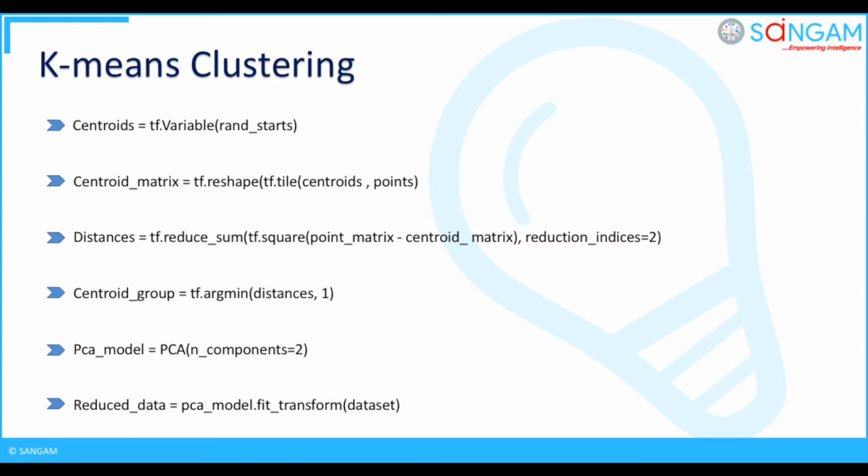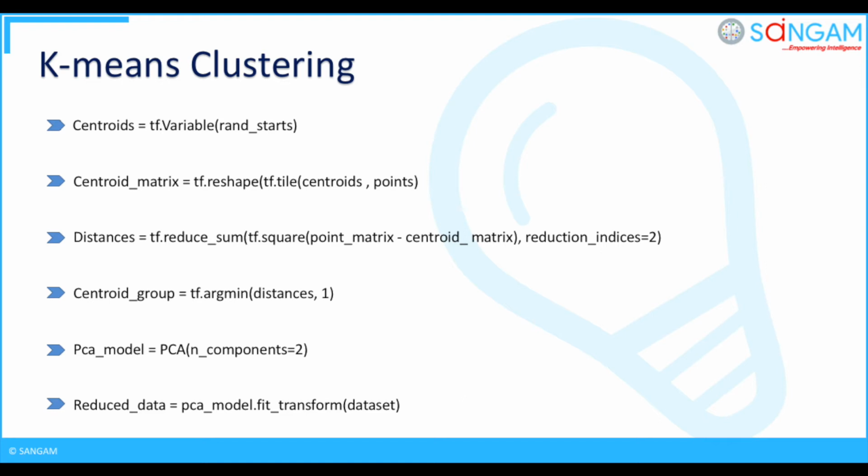The function can be written as centroid_matrix equals tf.reshape of tf.tile of centroids, length points, so the nearest point to the particular centroid will be taken as one group. Likewise, for all data points, the nearest points to each centroid is calculated and the data is distributed between these three centroids.